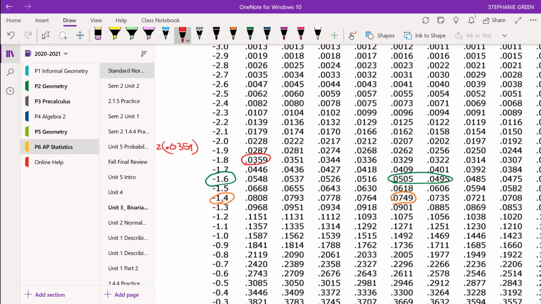Grab my calculator real quick. 2 times 0.0359 is 0.0718. So there's a 7% chance of getting a light bulb around that value. That's pretty high. It's definitely higher than the 0.05 that we chose. So again, we're not going to be able to reject this null hypothesis. So 0.0718.